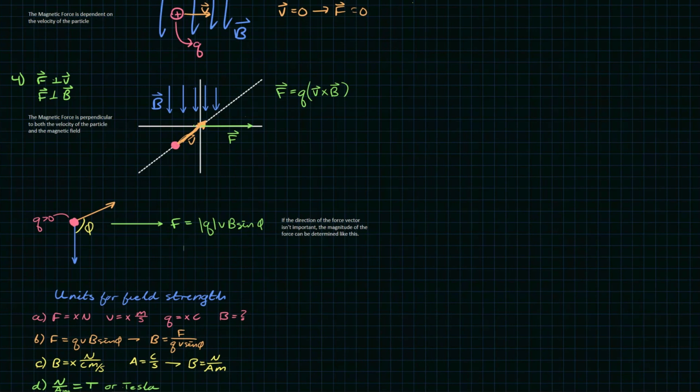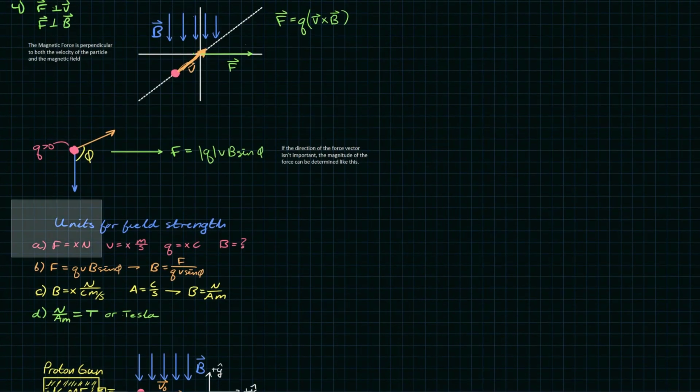If they are parallel or anti-parallel, which just means equal and opposite, you don't have any force. But if they're at 90 degrees, then you're going to get the full force, since sine of 90 is 1 and sine of 180 or 0 is 0.